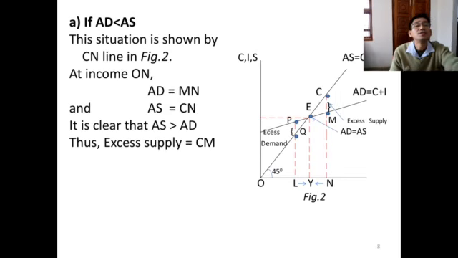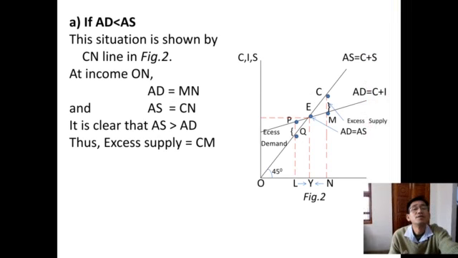So the first condition is, if AD is less than AS, the aggregate supply is higher than aggregate demand. The situation is shown by the CN line. It is shown in figure number 2 at income ON.